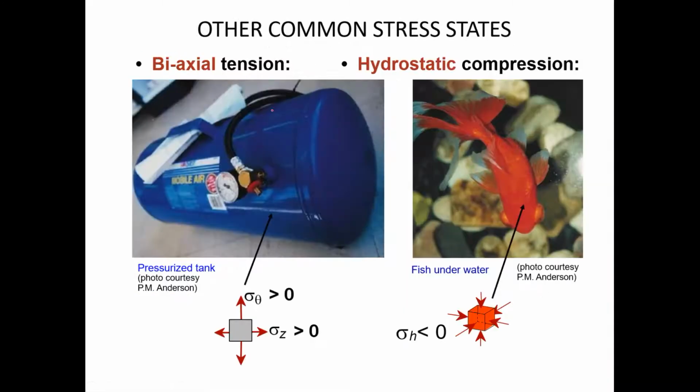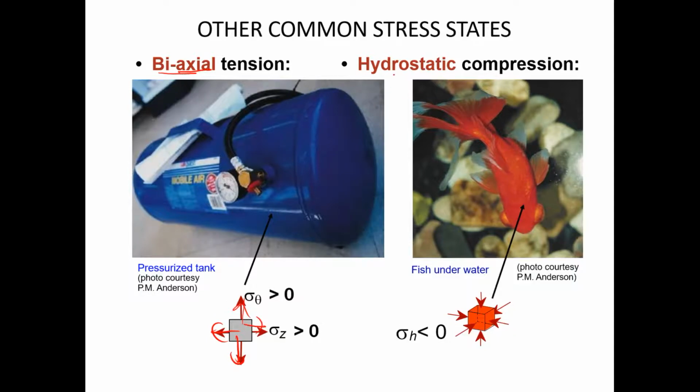Okay, another example is biaxial tension. So biaxial, as the name denotes, is bi, it means two axes, which is the x and y direction. So basically, what happens in these pressurized tanks, the forces are experienced in this kind of direction.